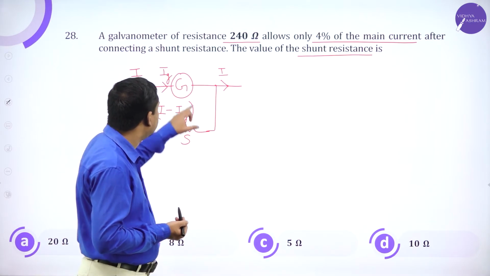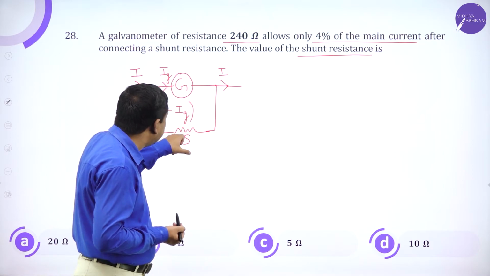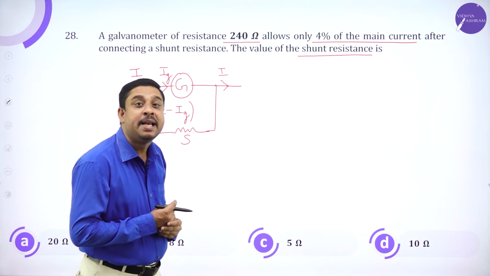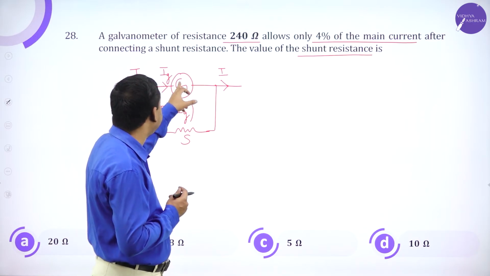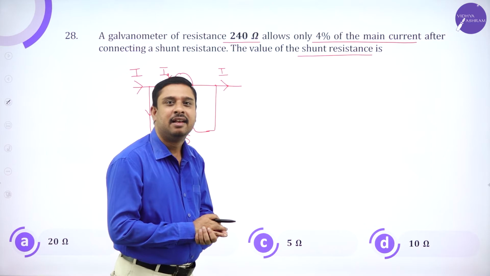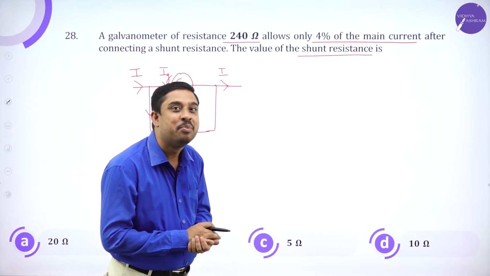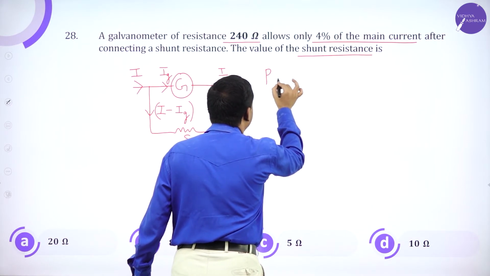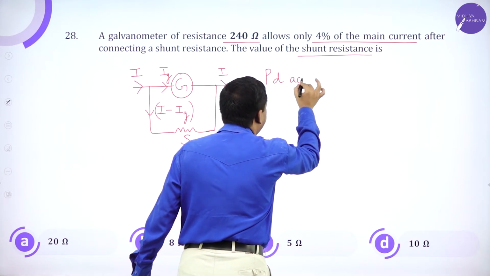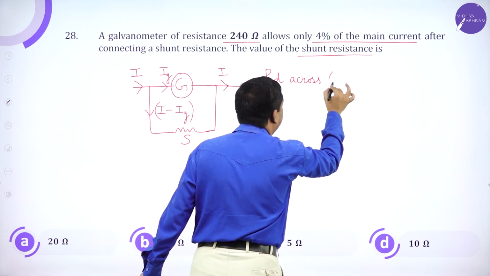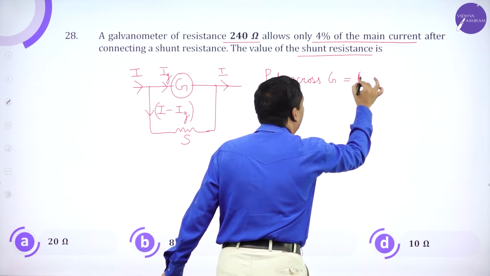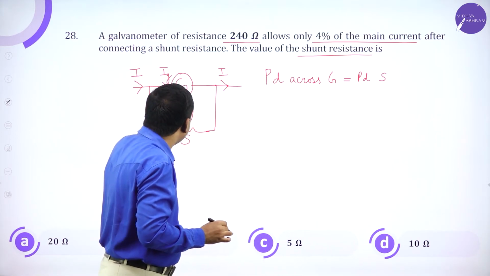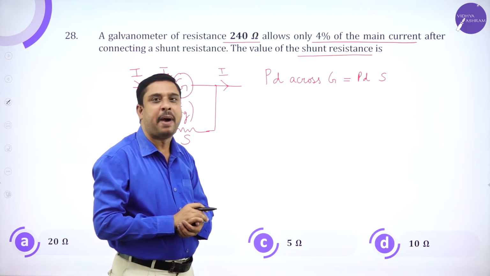My dear students, galvanometer and shunt are connected in parallel, G and S. So what should remain the same? Potential across them. So the potential difference across G is equal to the potential difference across S because they are connected in parallel.